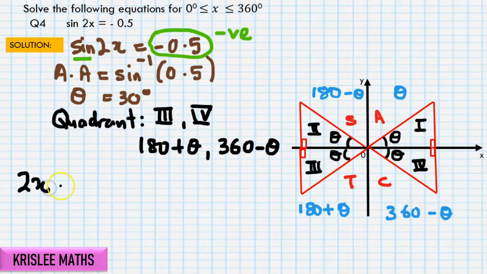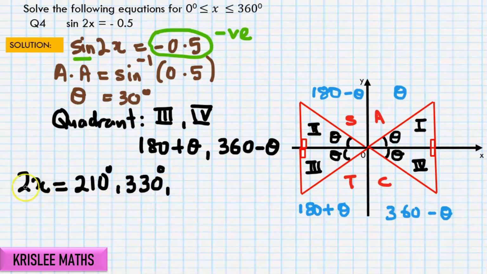Therefore, 2x equals, in the third quadrant, 180 plus theta. The theta value is 30. So 180 plus 30, you'll get 210. In the fourth quadrant, 360 minus 30, you will get 330.